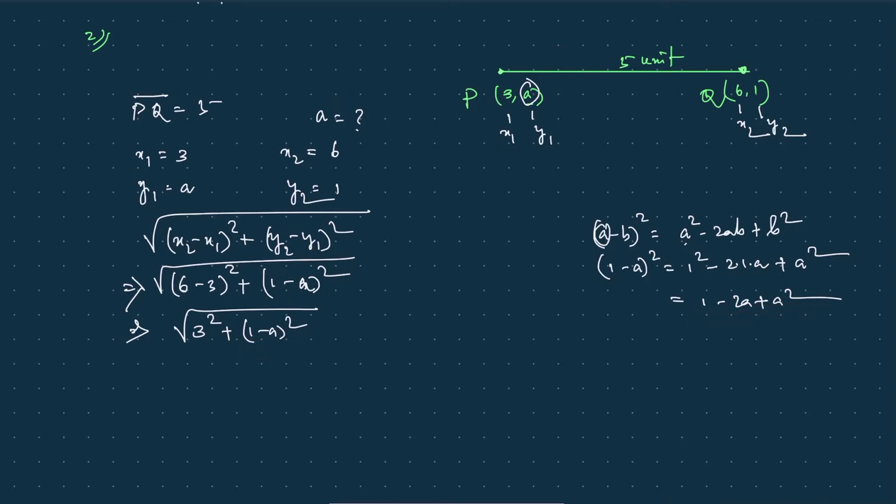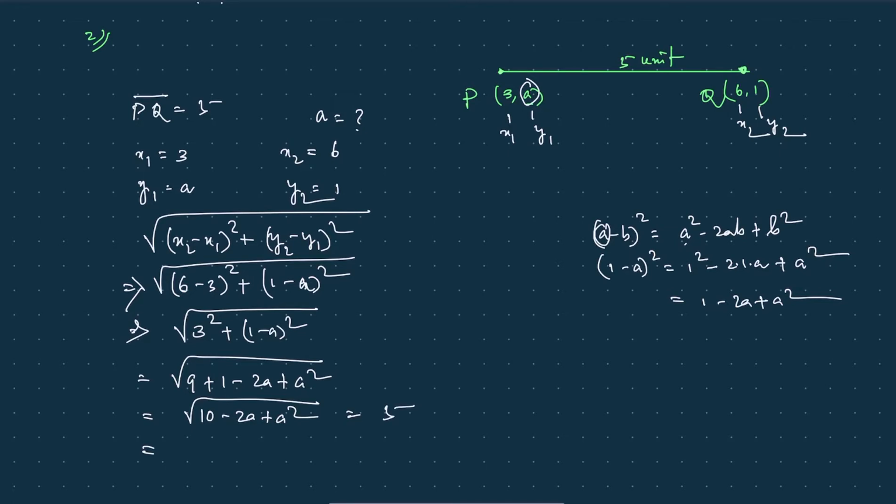Okay. So it is going to be 9 plus 1 minus 2a plus a square. Now we can see here 9 plus 1 is equal to 10, minus 2a plus a square. So the square root of (10 minus 2a plus a square) is equal to what? It is given 5.